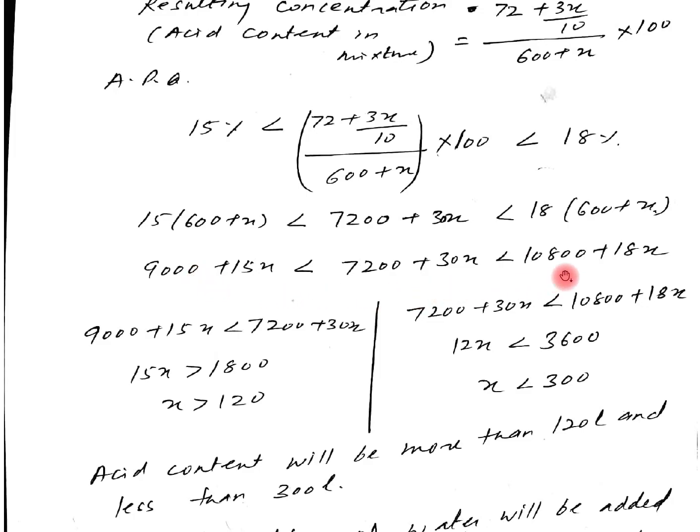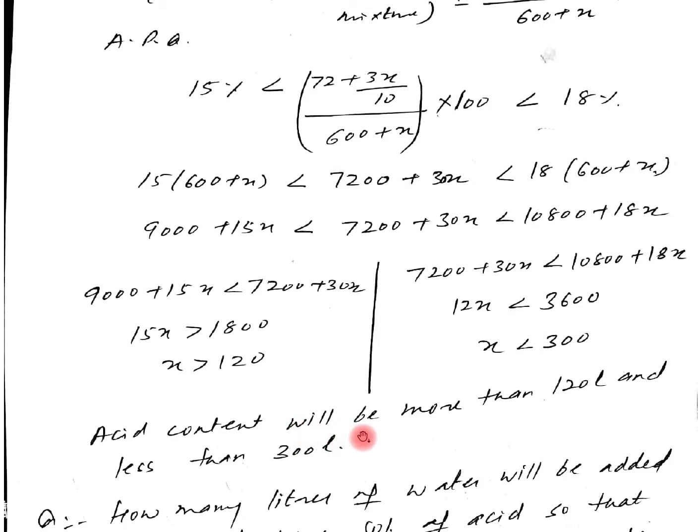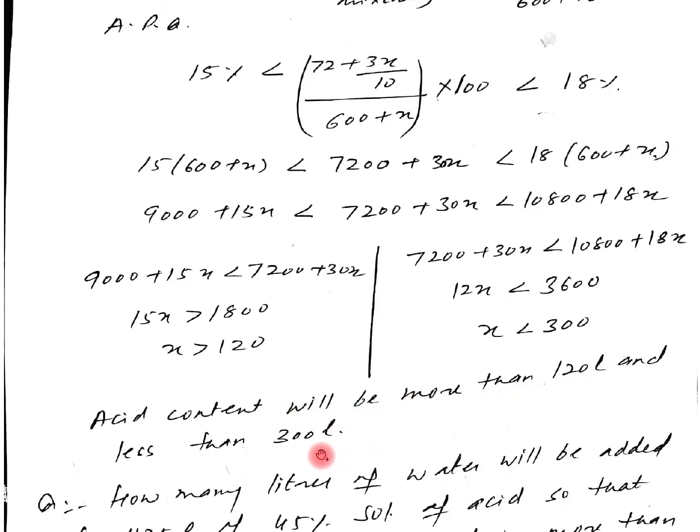Simplifying, by taking first two terms we are getting x greater than 120. Taking last two terms and simplifying we are getting x less than 300. Therefore the acid to be added will be more than 120 liter and less than 300 liter.